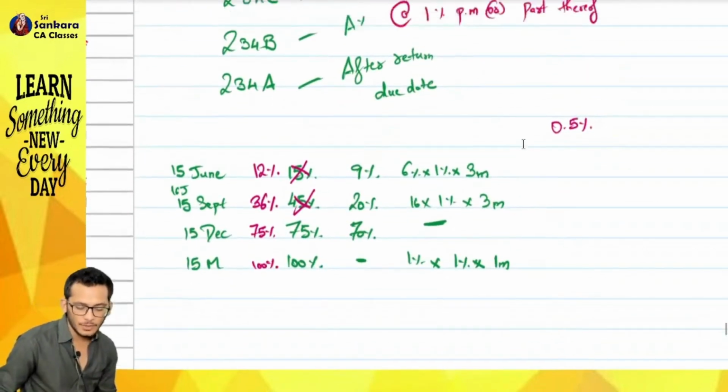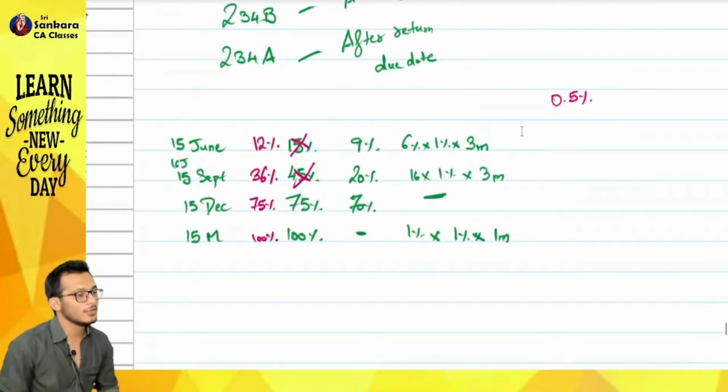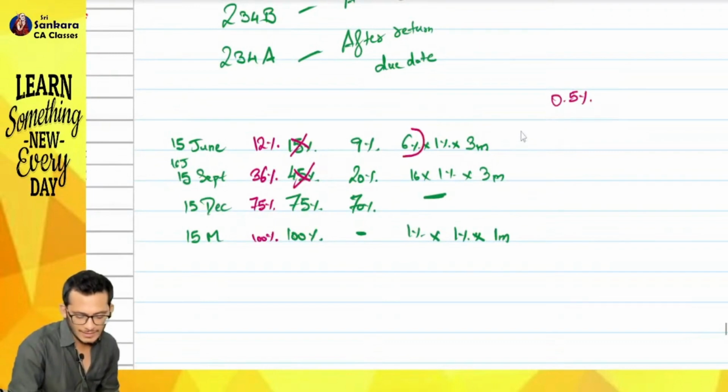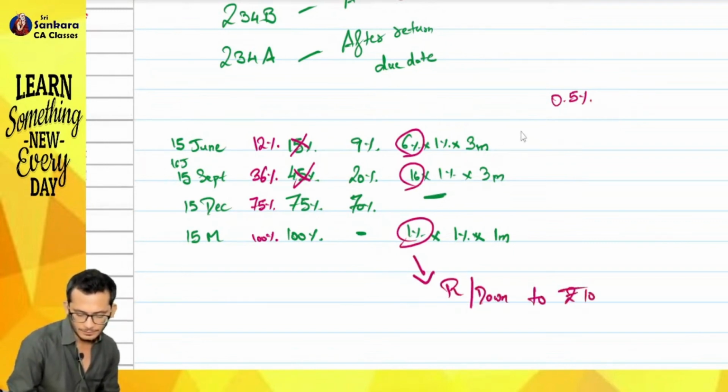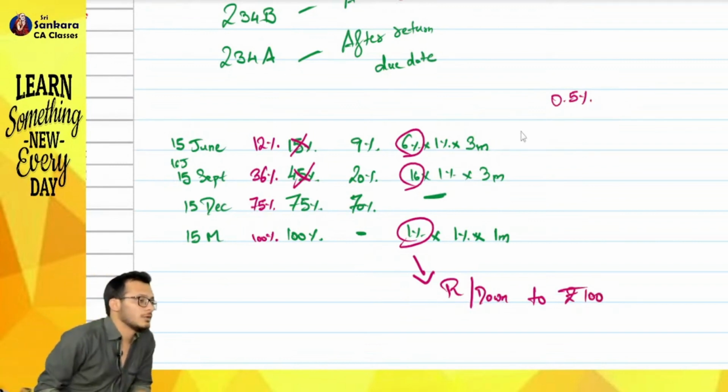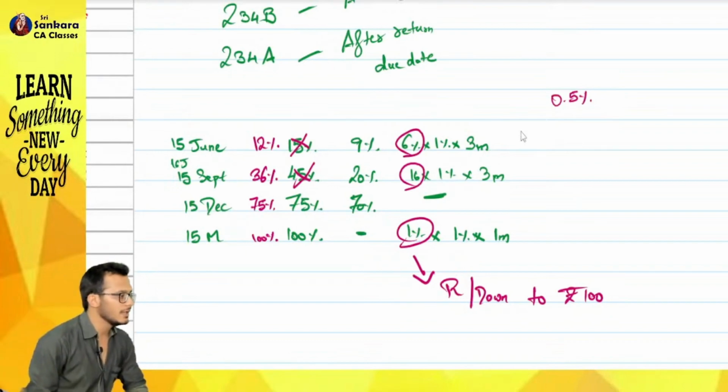They are saying, boss, whenever you are computing interest, the tax amount which you have should be rounded down to the nearest 100.